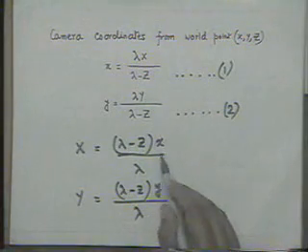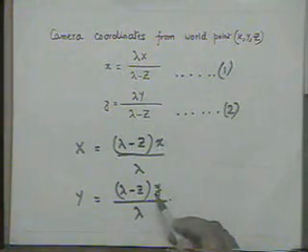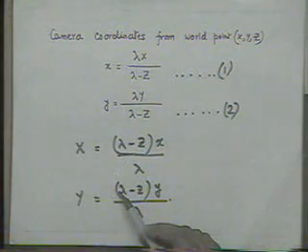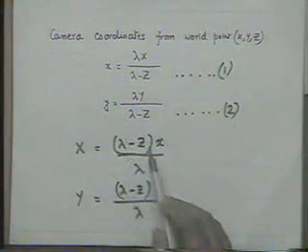Now if x, y are known to us, lambda is a parameter for the camera, that is to say the focal length.